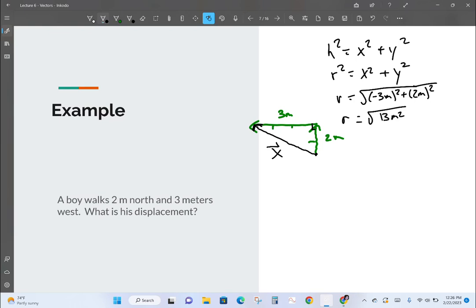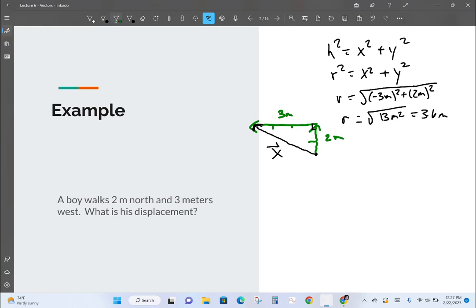I'm going to put this in my calculator because we don't generally keep things in radicals in physics. We like decimals. So we take the square root of 13, which is 3.6 meters. So we ended up 3.6 meters from where we started, but now we need to describe where we are.